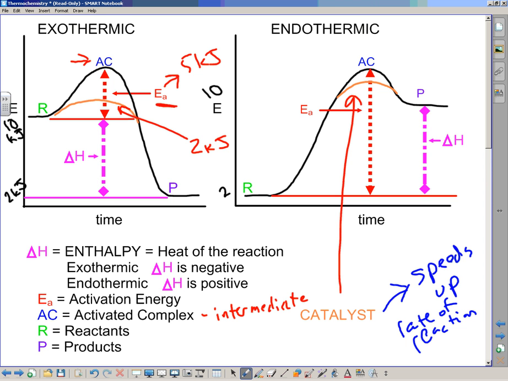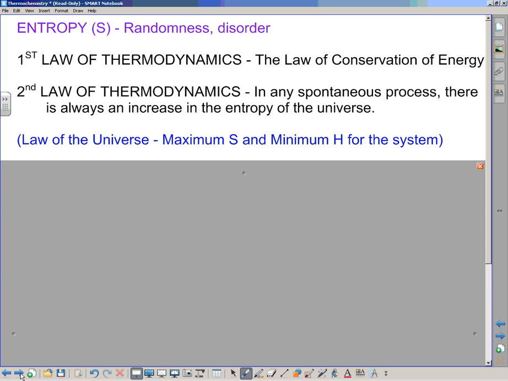All right, moving on. Let's go ahead and talk about the laws of thermodynamics. I'll give you a moment to copy that stuff down, and then we'll go over it. So, we defined enthalpy, which is H, the heat of reaction. Now we have entropy, which is a capital S. Entropy is the randomness or disorder of a chemical reaction.